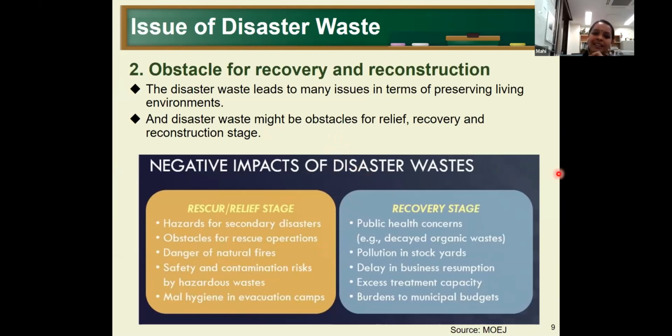This makes me feel that we have to manage disaster waste really quickly. And I also think we have to set a kind of priority, right? Because the amount will be too huge to manage at once. Yes, we should segregate hazardous waste, etc. at first, and we will discuss the issue of priority later.